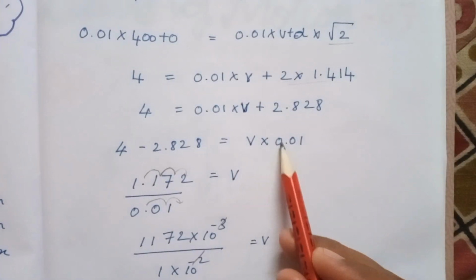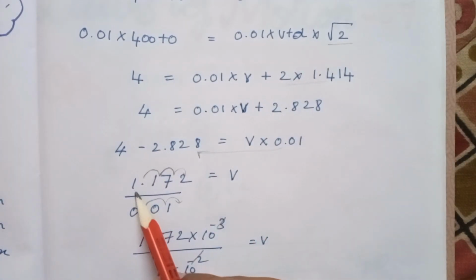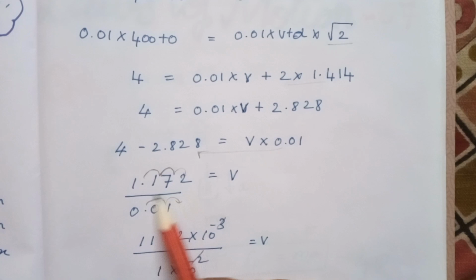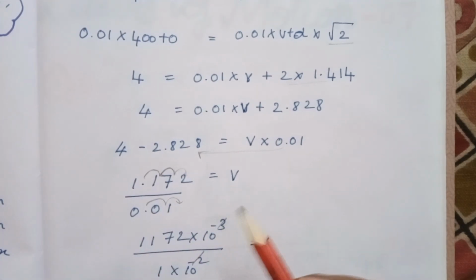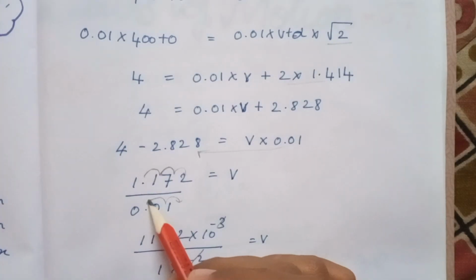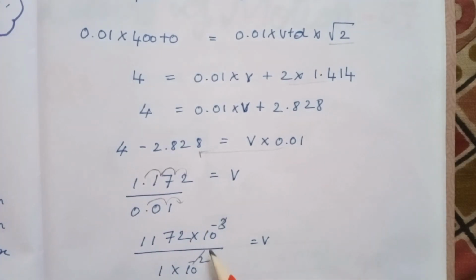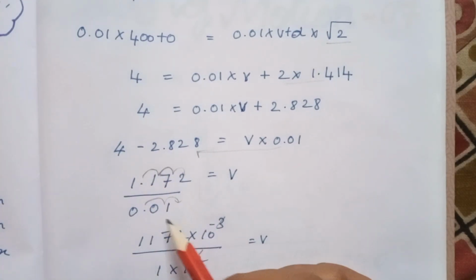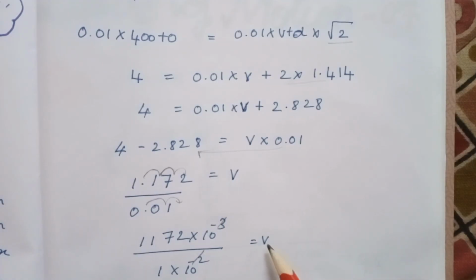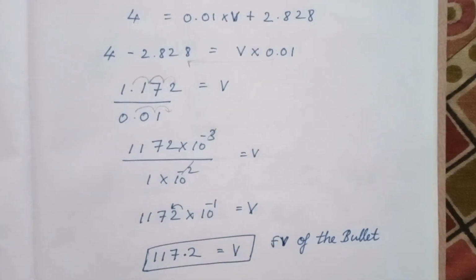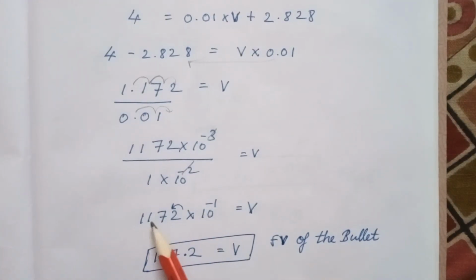Then 1.172 divided by 0.01 is equal to v. Now removing the decimal points, 1.172 into 10 to the power of minus 3 divided by 1 into 10 to the power of minus 2 is equal to v.